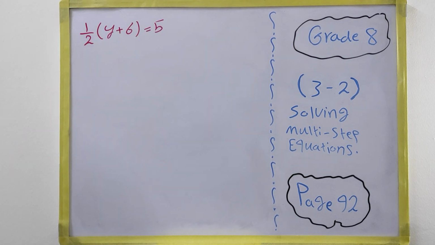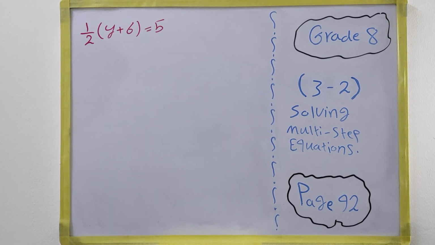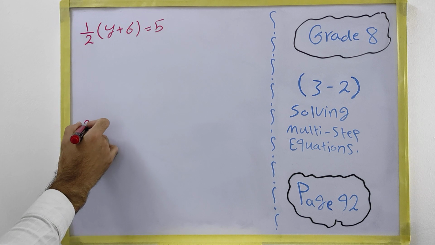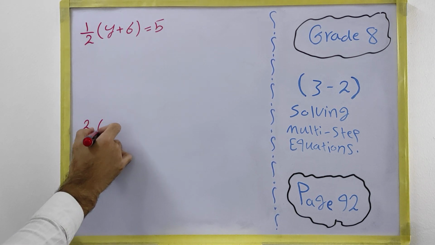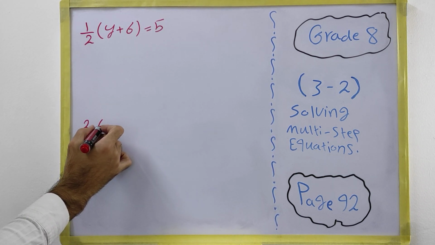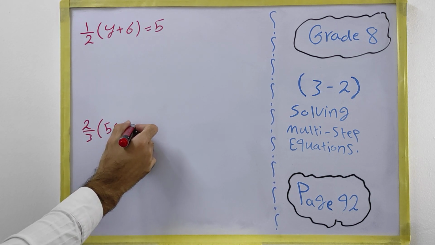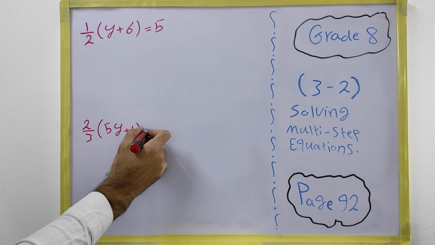This is one of them, and the other one, let's say 2 over 3 multiplied by 5y plus 1 equals 4.